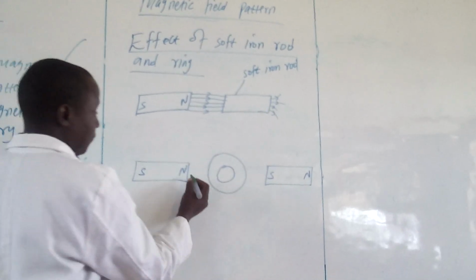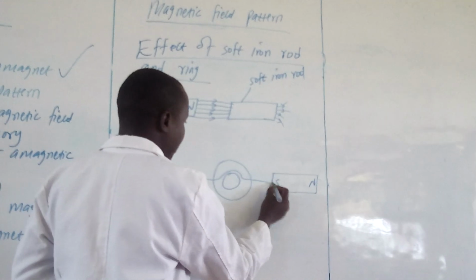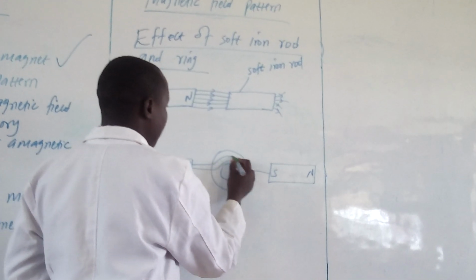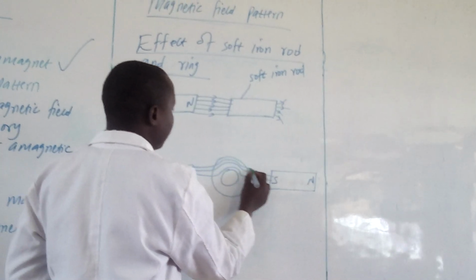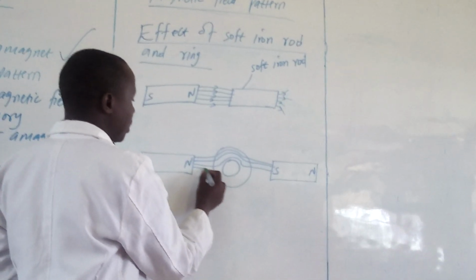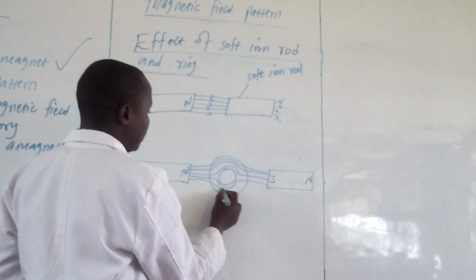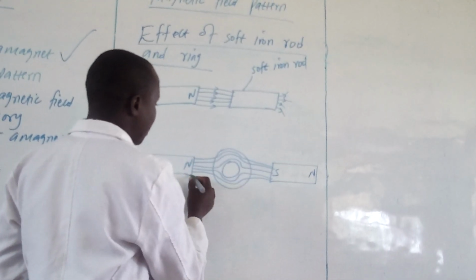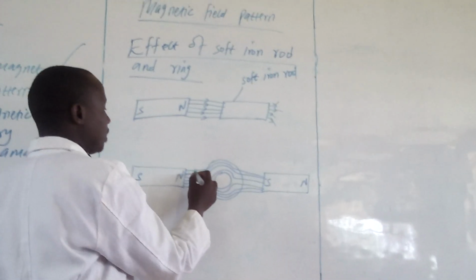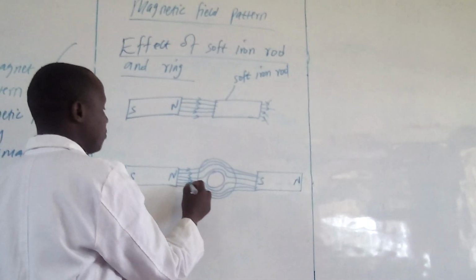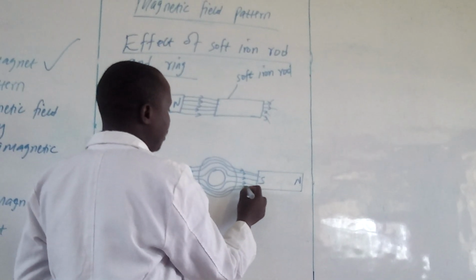This is the magnetic field pattern we have. It runs from north to south, and we show the direction, originating from north and going towards the south.